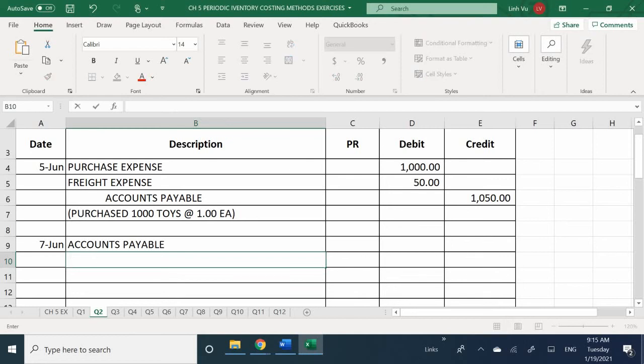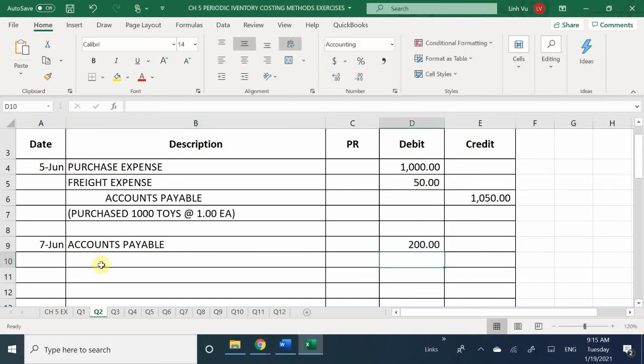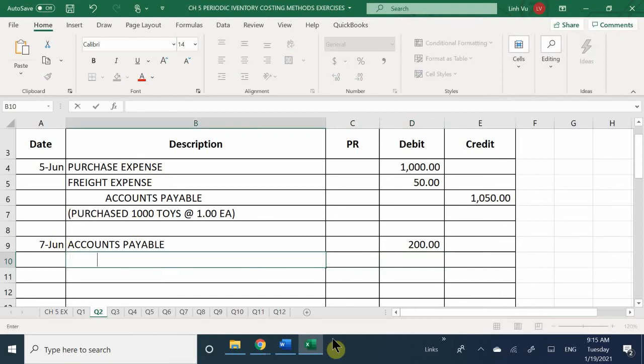All right? And then what's the account that you're going to associate this return with? 200. Okay, so that's the amount, but what is the account that we're going to use? Returns.